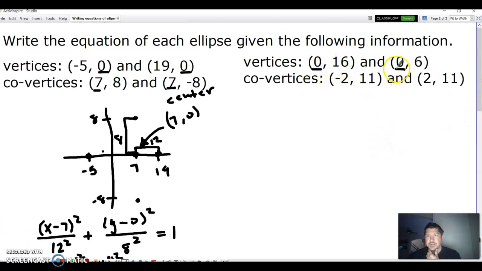Okay, so looking here, vertices 0, that's 11, so my center is going to be at 0, 11. Distance from here to here is 10, right?